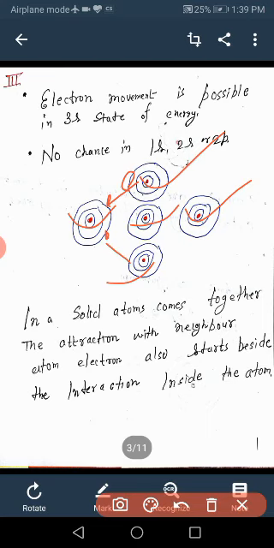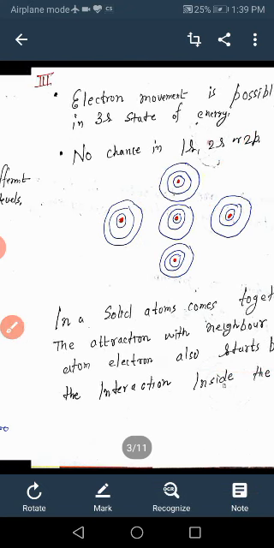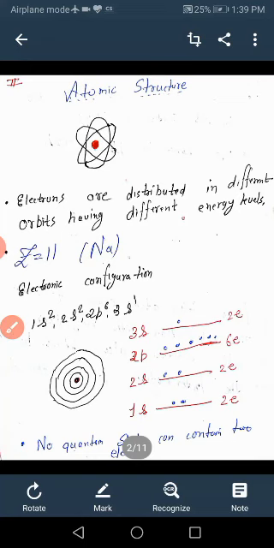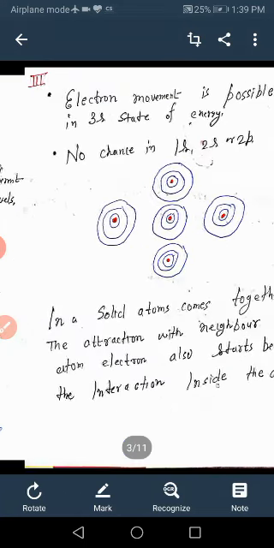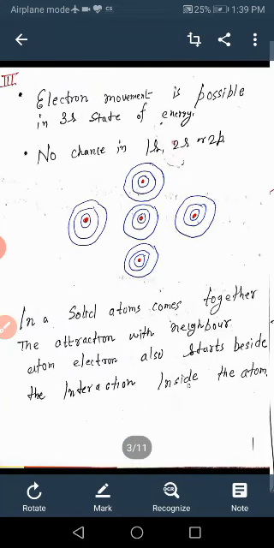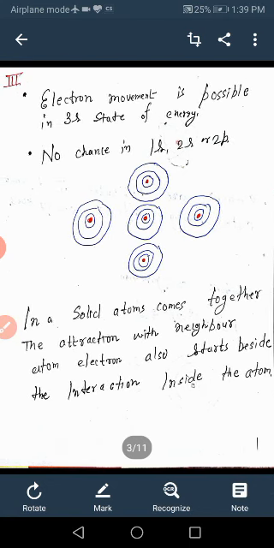because the energy changes. Initially, when we were discussing, the atom was completely isolated. So this we discussed for the isolated atom, and this we are talking about a solid in which atoms are coming very close to each other.